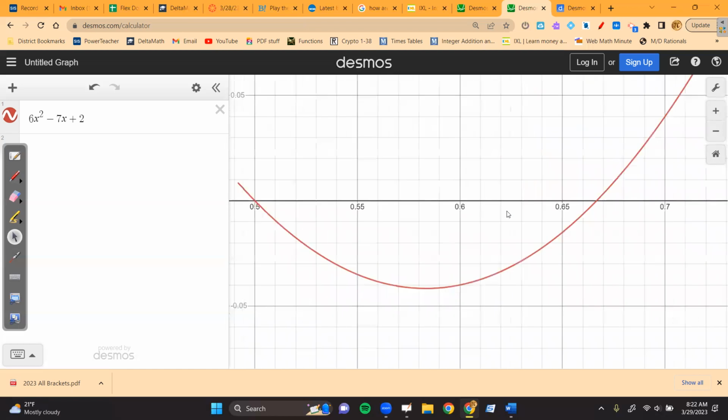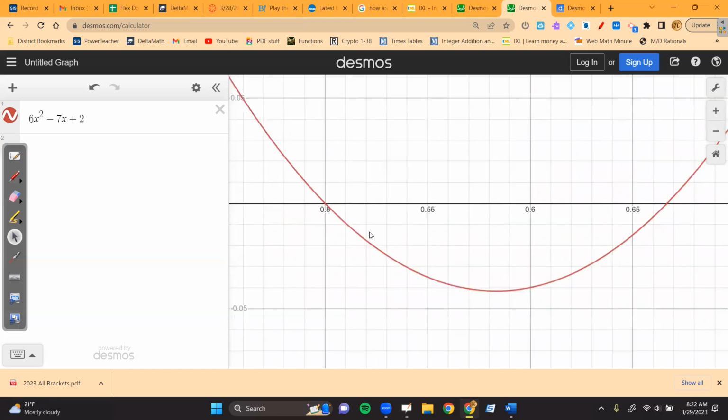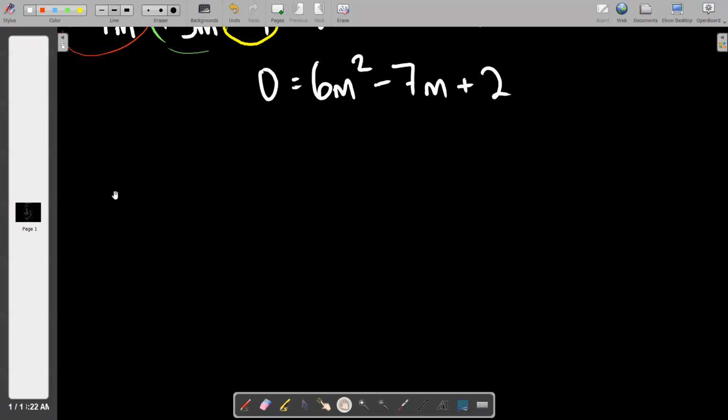If you didn't, then you would go and reverse engineer it like we talked about. So going back to my other page, let's say I didn't know that. If I know one of my answers is 1/2, then I can actually build a factor of 1/2. You see that factor that I just wrote would definitely produce what we want, 1/2, right?